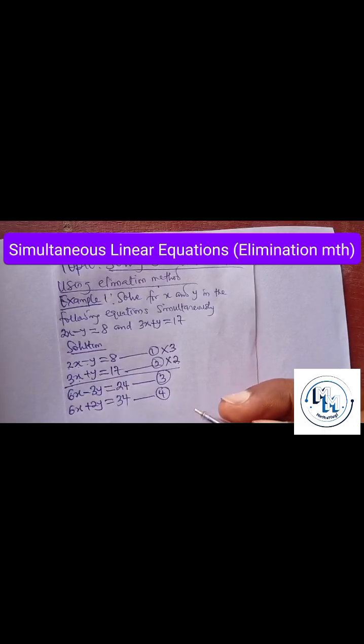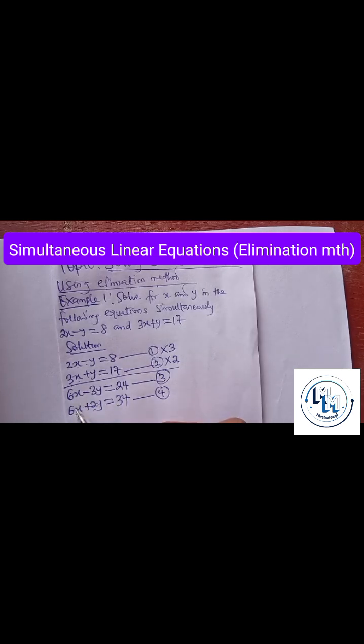Now, there's what to watch out for here. I have 6x here, 6x here, but the other terms are not alike. They are different. Now, what do we do? Let me show you something. Here we have two terms that are the same.